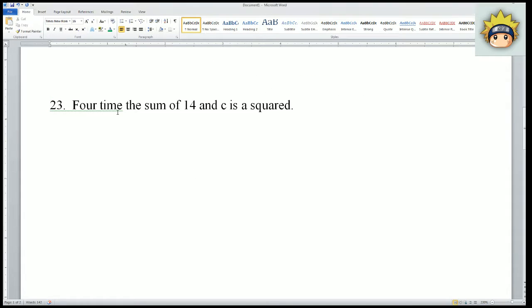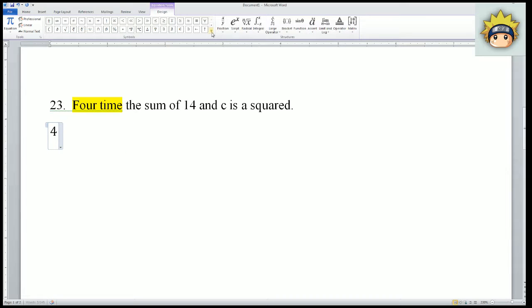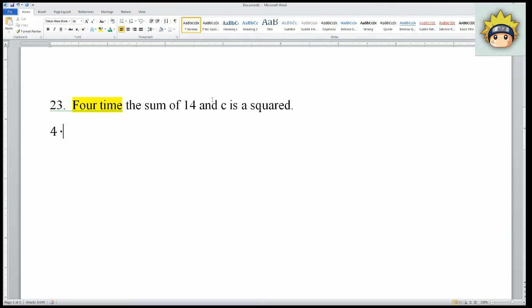23. 4 times the sum of 14 and c is a squared. Okay, so let's do this part first. 4 times, that seems important. I have to multiply 4 times the sum of 14 and c.